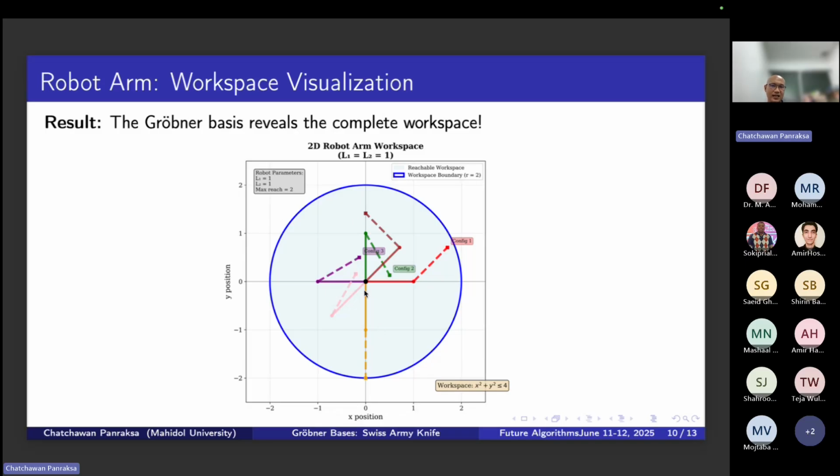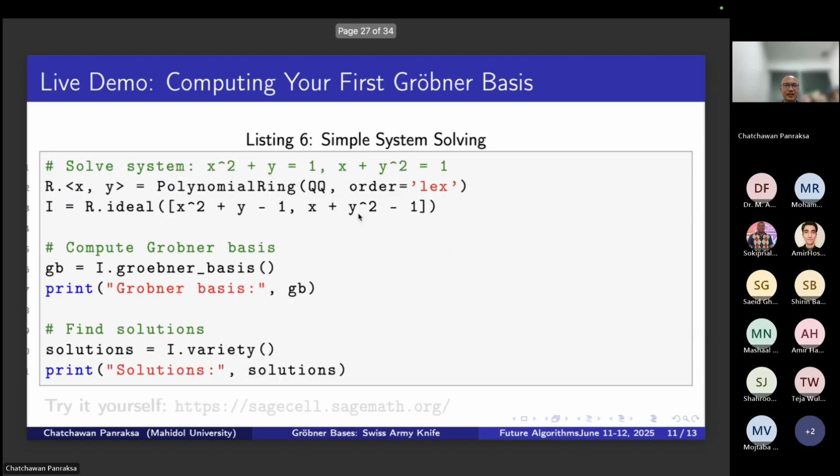You can see that the position of the target would come from the cooperation between robot arm number 1 and number 2, to reach the point that you want the robot to reach. You can use basically this same template to solve your polynomial systems.